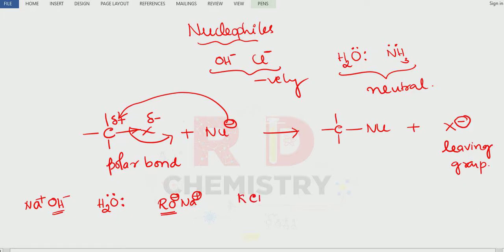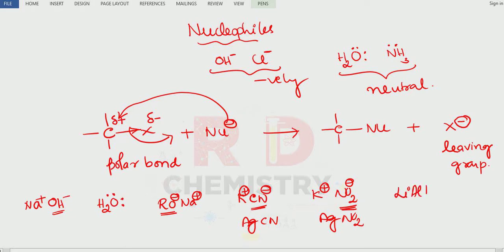Potassium cyanide, K plus CN minus, nucleophile is CN minus. Potassium nitrite, K plus NO2 minus, nitrite is a nucleophile. Or silver cyanide, AgCN. Or silver nitrite, AgNO2. Lithium aluminium hydride. Hydride here is a nucleophile. Hydride H minus, anion of the hydrogen atom.